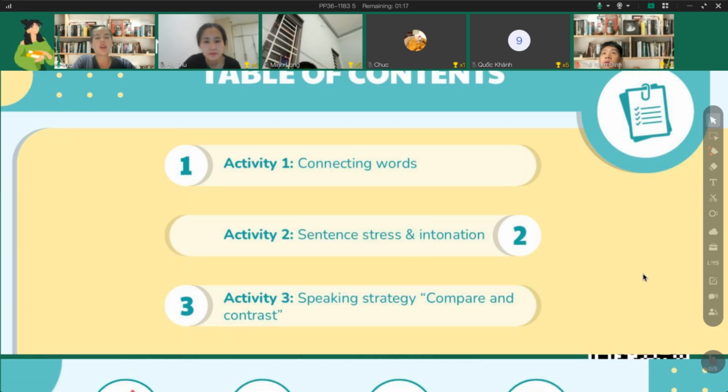So we are focusing on those connecting words and which connecting words work with which sentences or settings. In activity 2, we did sentence stress and intonation, and we had to focus on how we say and read those sentences correctly. And then number 3, we did a speaking strategy, comparing and contrasting.